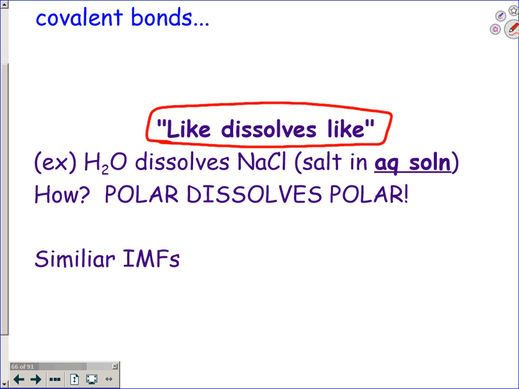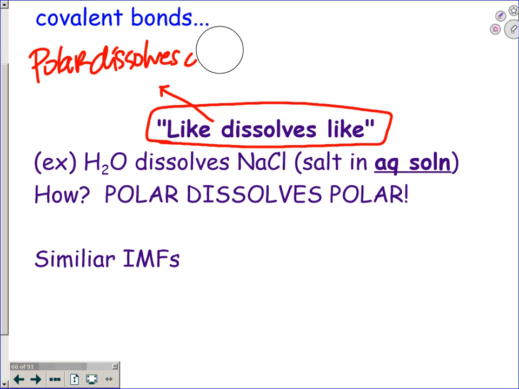So this can be phrased as polar dissolves polar.